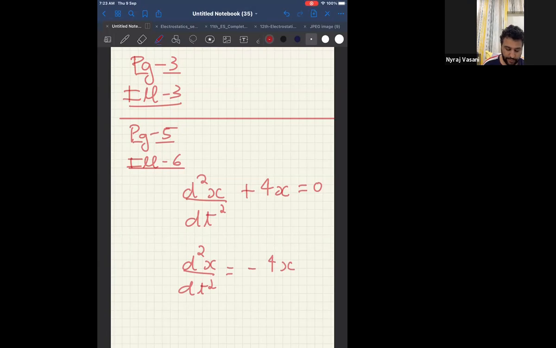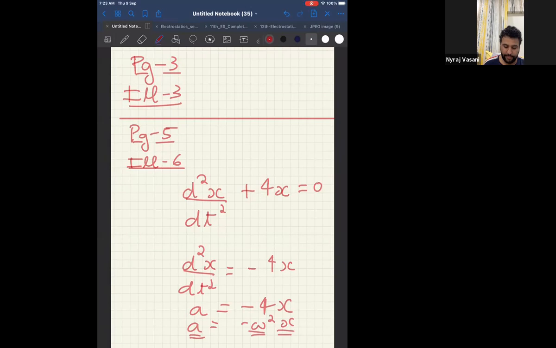Because d square x by dt square is nothing but acceleration, I can write acceleration is equal to minus 4x. But what is the general formula for acceleration? Acceleration is equal to minus omega square x, correct?